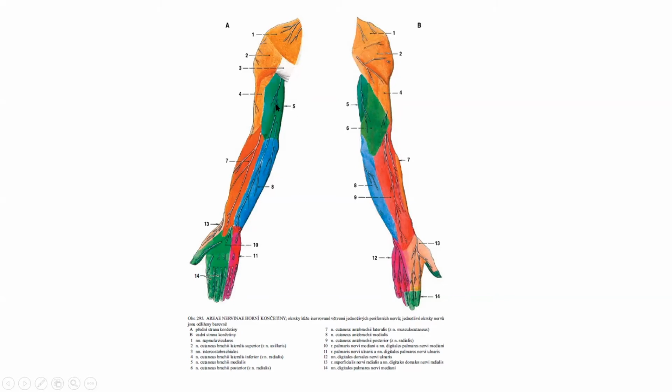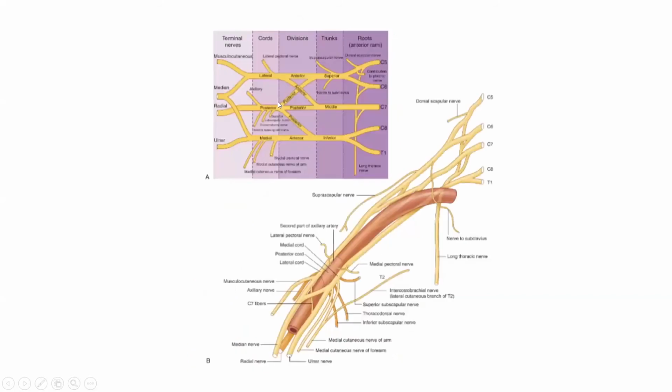The medial cutaneous nerve of the arm arises directly from the medial cord. So the medial cord, if I go back here, gives the root for the median nerve.